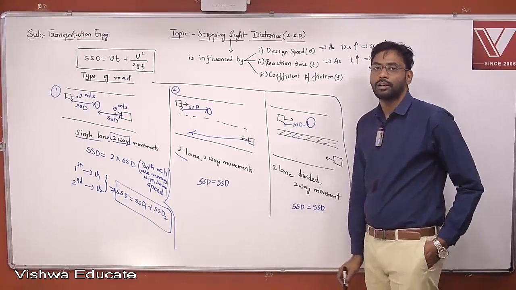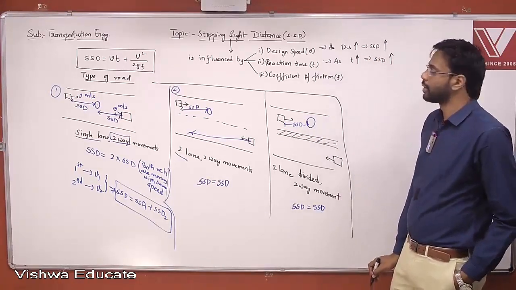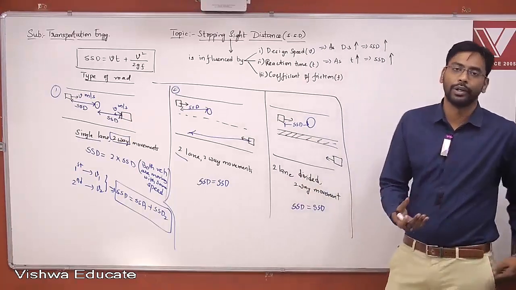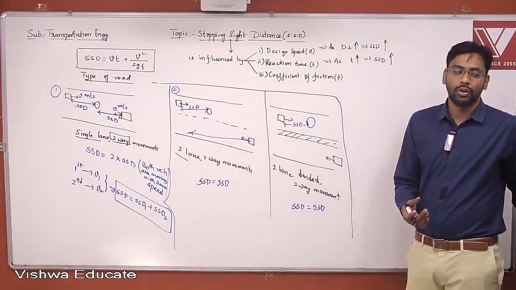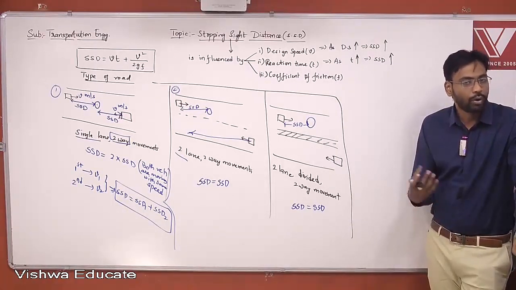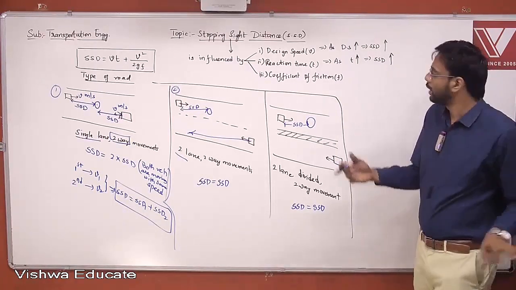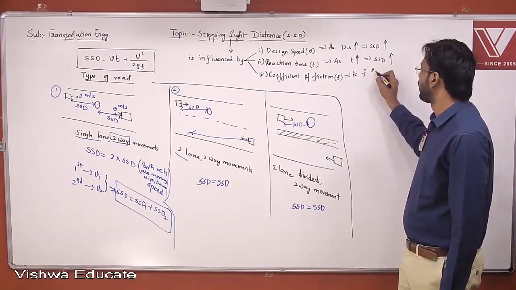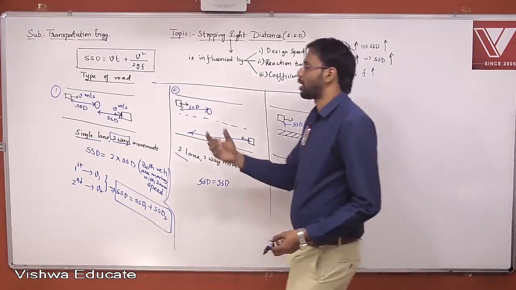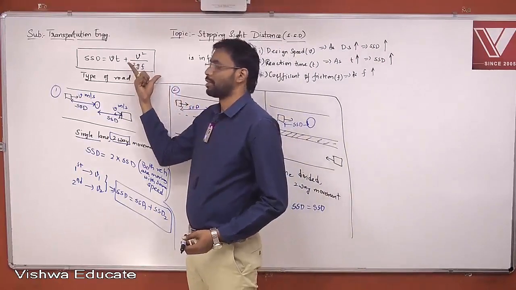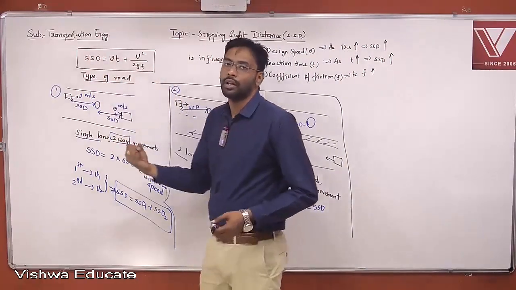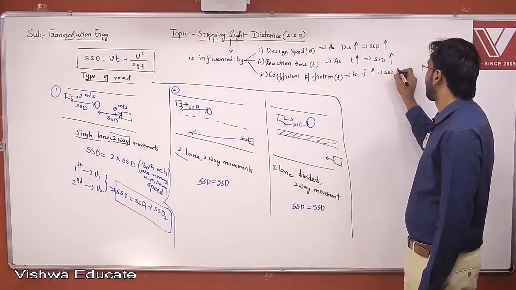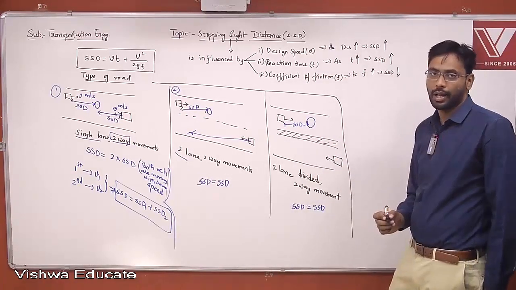Similarly, if the coefficient of friction value increases, what happens? As it is inversely proportional, if the f value increases, the stopping sight distance will decrease.